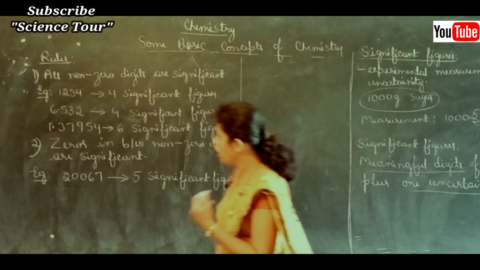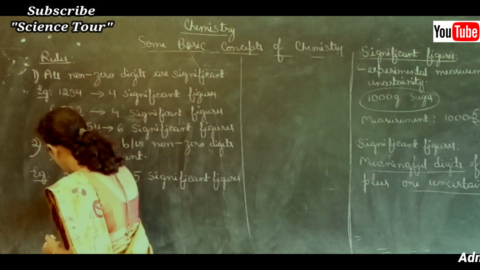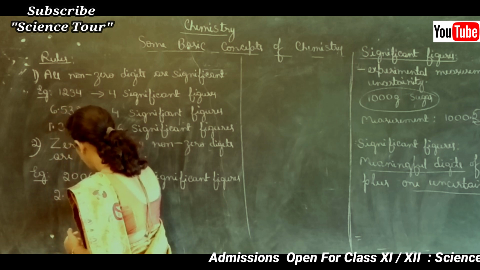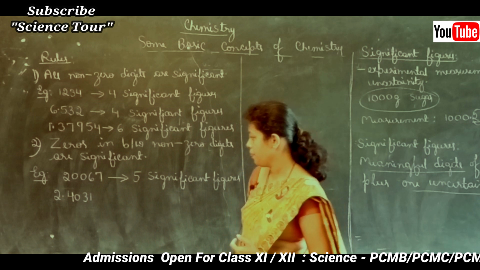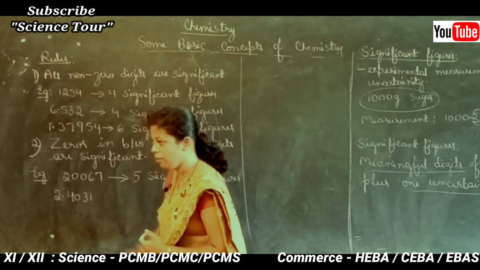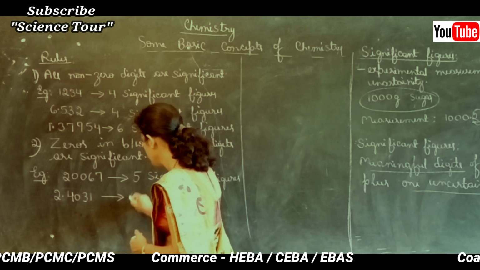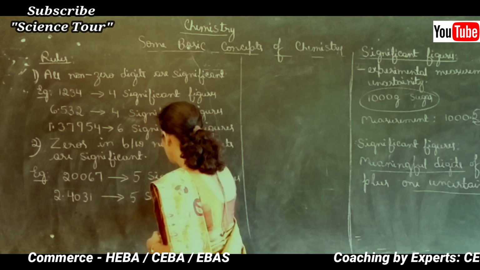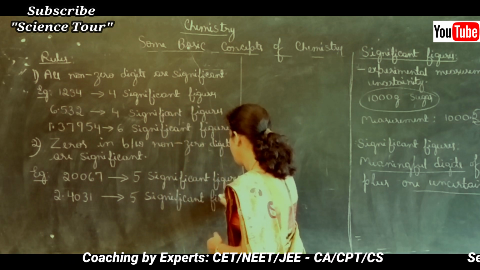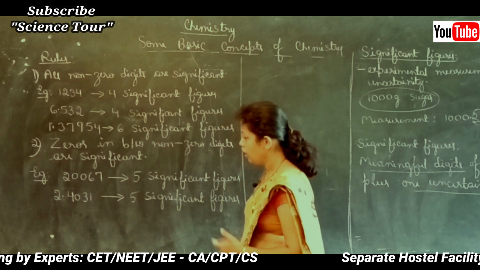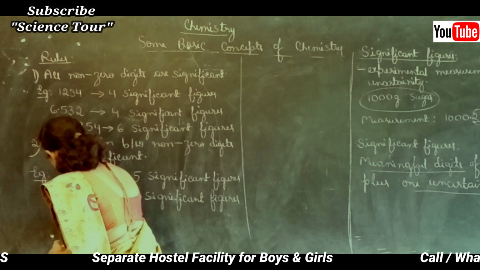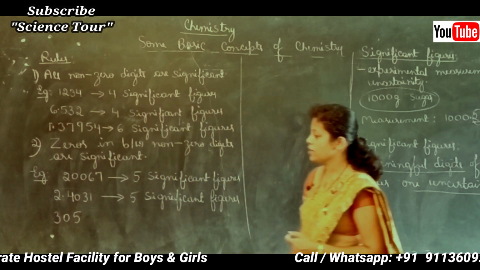Let's have one more example: 2.403. Look at this. 1, 2, 3, 4, 5 digits are there. So even this number has 5 significant figures. Let's have one more example: 305.